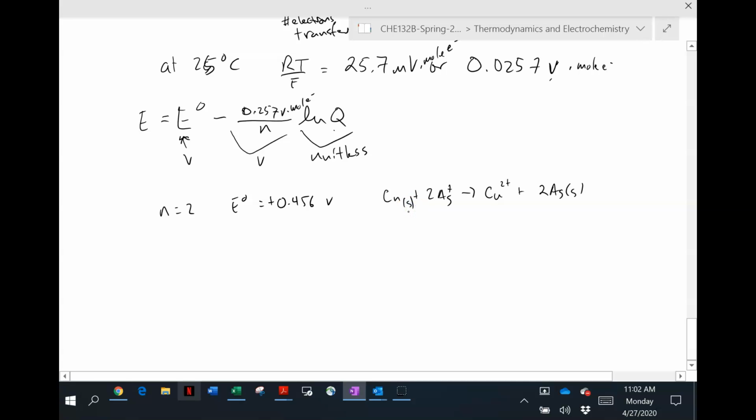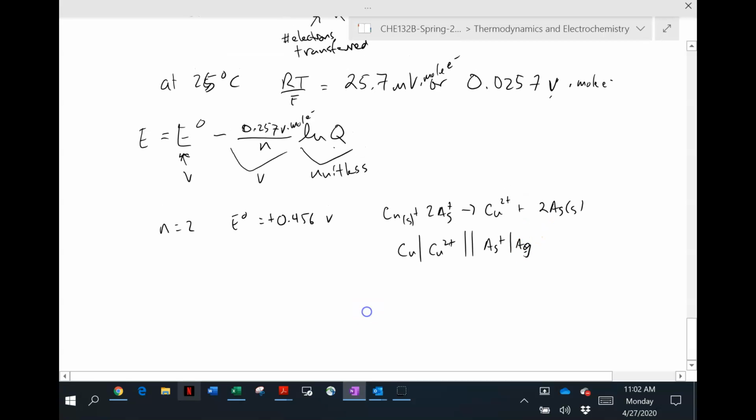That cell is, as we said, copper 2+ and silver solid, and well, that example actually used a silver electrode.